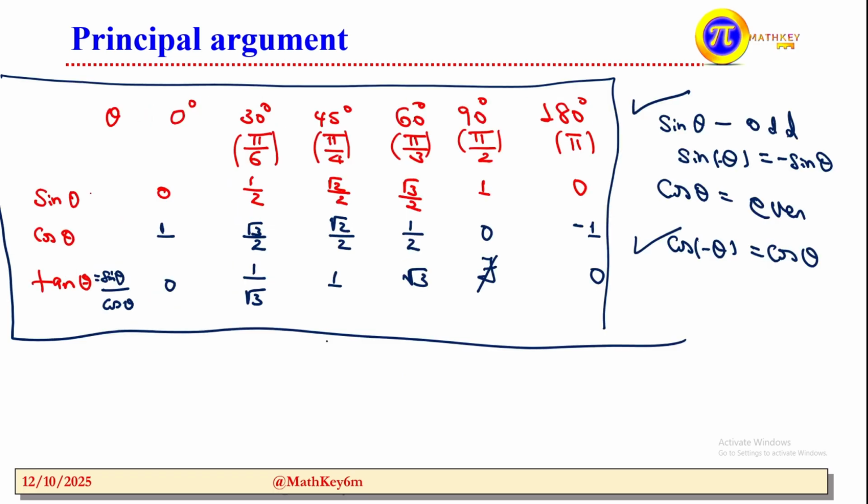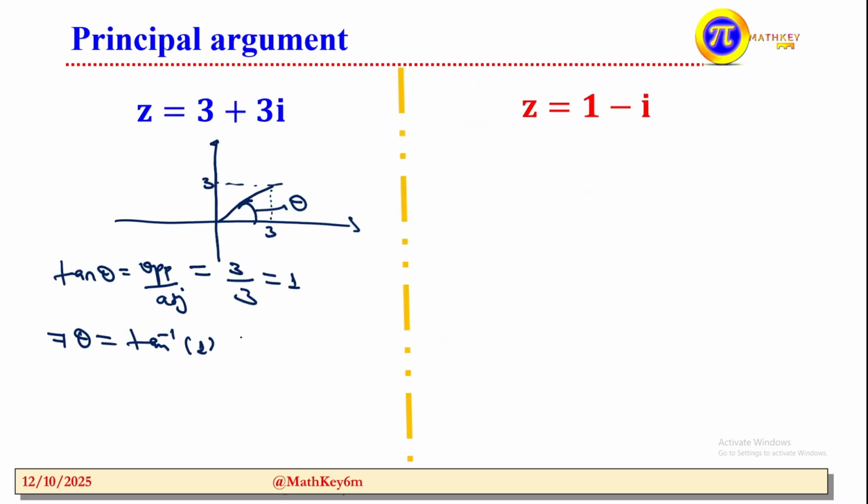As we observe, tan inverse of 1 is 45 degrees, or in radians, pi over 4. Therefore, the principal argument for this one is capital Arg z equals pi over 4 radians, or 45 degrees.